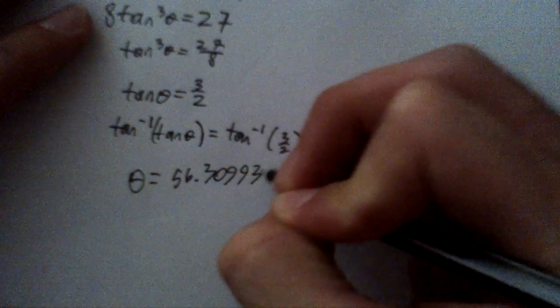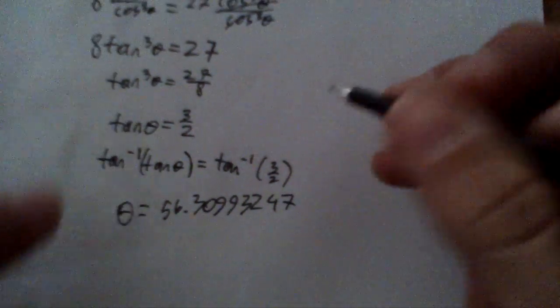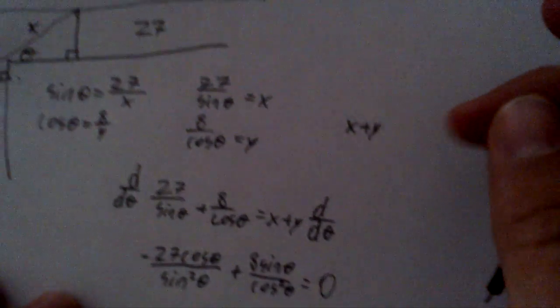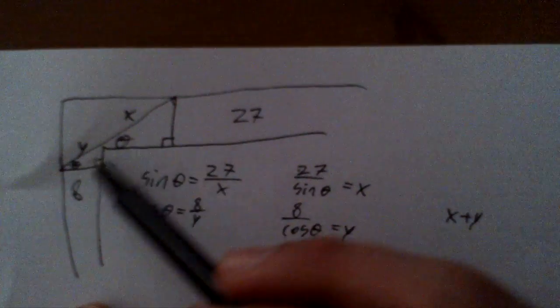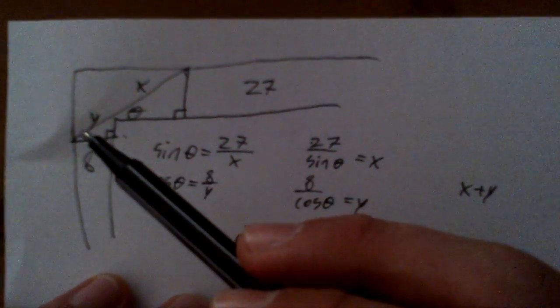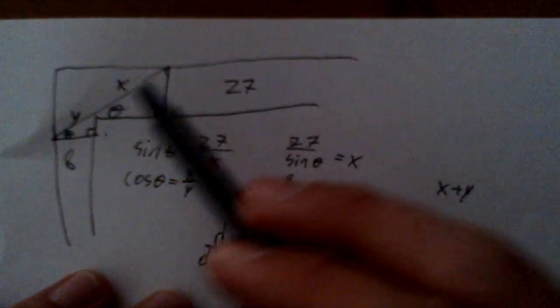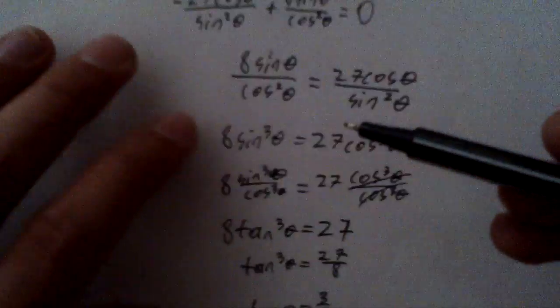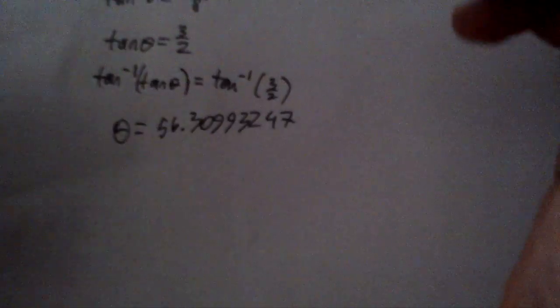Inverse tangent of 3 over 2, I would get 56.3099324. So therefore, theta is equal to 56.3099324. So basically what I just found is the angle at which the longest pipe fits is indeed 56 point whatever.